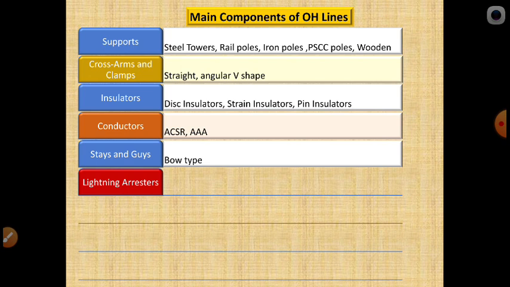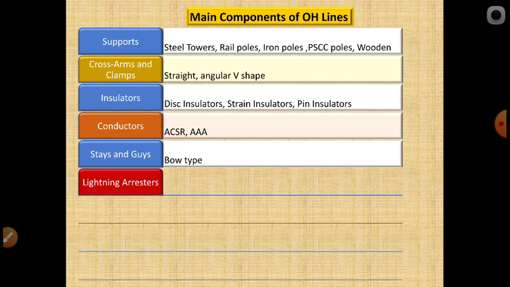Now another is the lightning arrestor. This is a very protective device. So what is the lightning arrestor? These are mainly used to discharge excessive voltages built up on the line to earth due to lightning. Whenever lightning discharges, already we have seen that lightning is of two types, class A and class B, that is direct and indirect lightning.